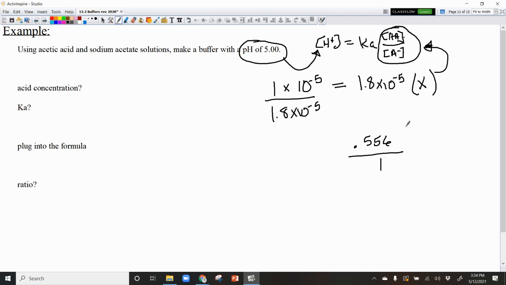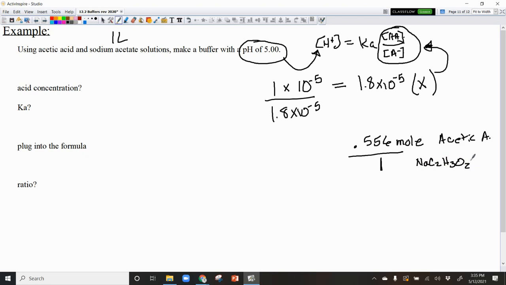This tells us that we need, and let's just assume we're making 1 liter because it doesn't tell us. So that makes it super duper easy. We need 0.556 moles of acetic acid. And we need 1 mole of, I don't know, let's call it sodium acetate.